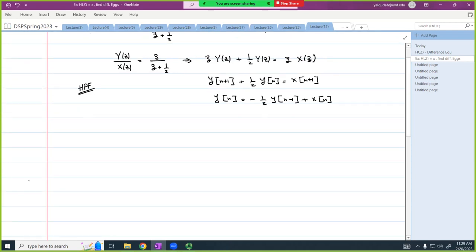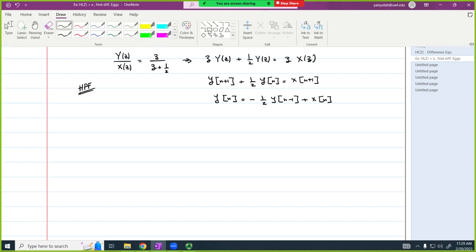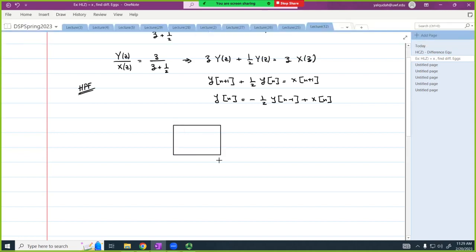So if I have this filter, we say this filter is a high-pass filter. How do I show it is a high-pass filter? I'm going to apply two signals. What is a very low frequency signal?